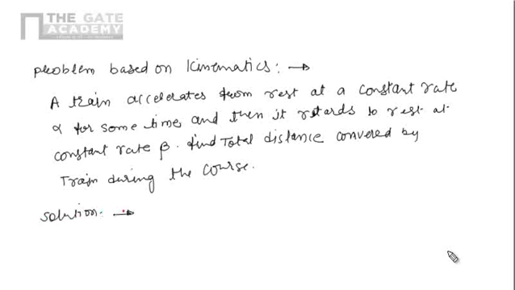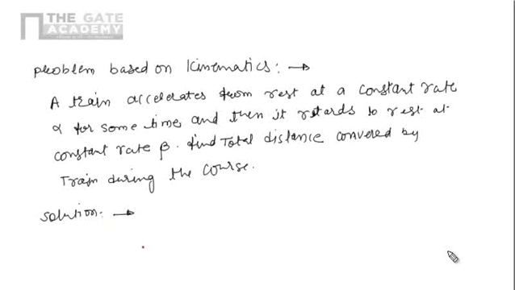For a kinematics problem, if we draw the graph between velocity and time, then we can easily find out the distance, because the area under the velocity time graph will represent the displacement, and suppose it's a straight line motion, so displacement and distance will be the same. So we can say that the area under the velocity time graph will represent the distance.